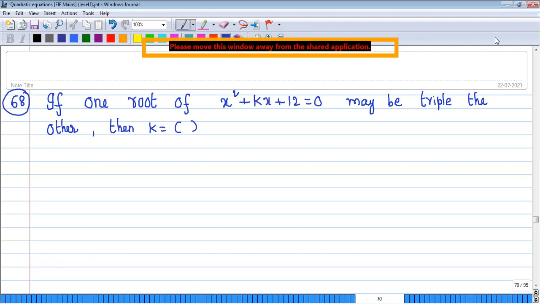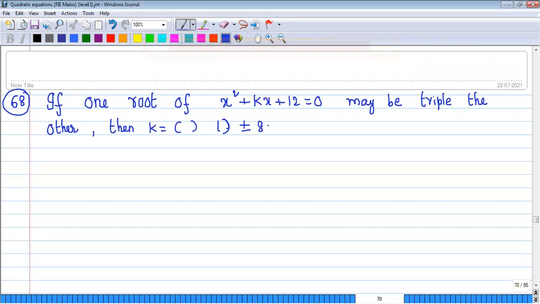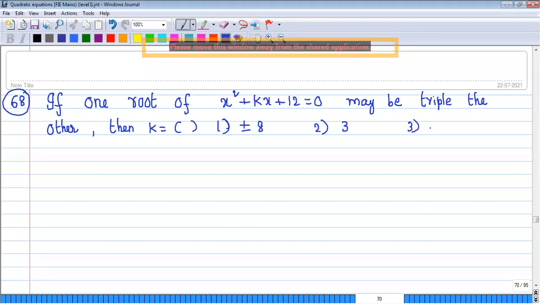Just like 67 only. First option is plus or minus 8. Second option is 3. Third option is plus or minus 5 root 10. Fourth option is plus or minus 2 root 5.